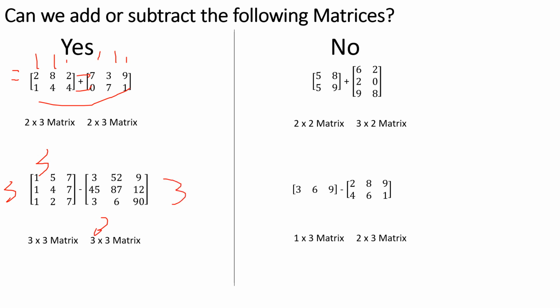I can add those up. What I cannot do is on the right here. I cannot add a 2 by 2 matrix to a 3 by 2 matrix. I cannot add a 1 by 3 to a 2 by 3. In other words, both my matrices' rows and columns have to be the same to add or subtract them. And you'll see why in the following slides.